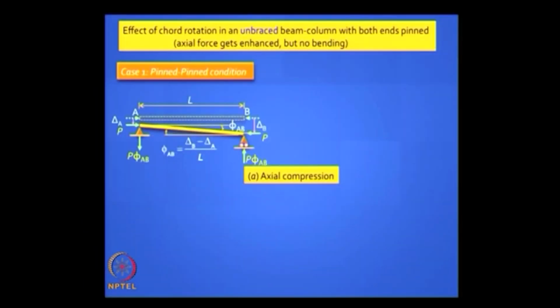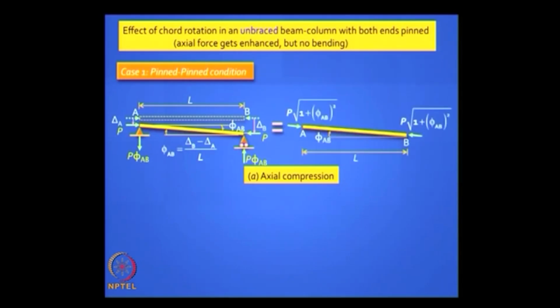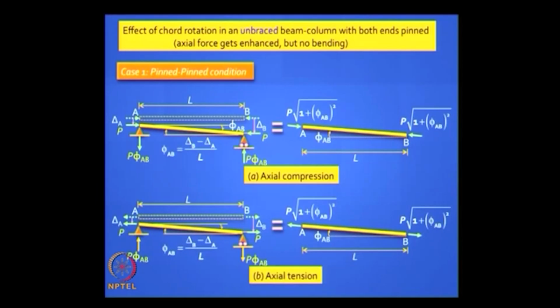To satisfy equilibrium in the deformed configuration, you get now a vertical force. So what's your net axial force? It's not going to be P anymore, because you have vertical reactions in the deformed configuration. So it's going to be the resultant of P and P phi AB. Phi is your chord rotation, right? So if it's in compression it will look like this, if it's in tension it will look like that.